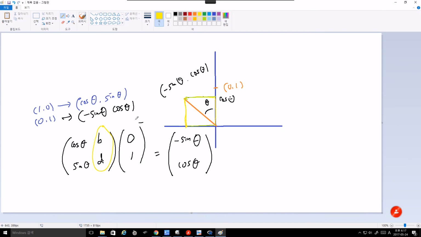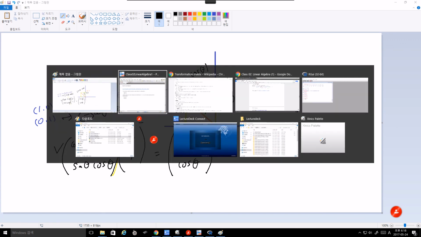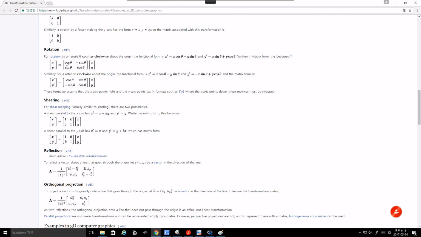So I can just copy and paste this part over here, select this part, paste, and move this part over here. Now we got the rotation matrix, and this is the same as this rotation matrix.